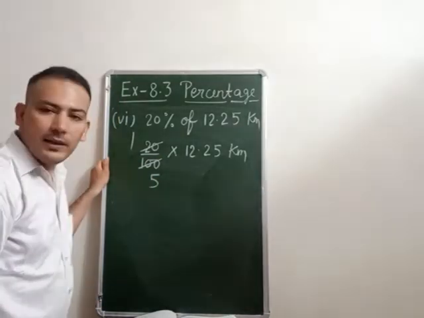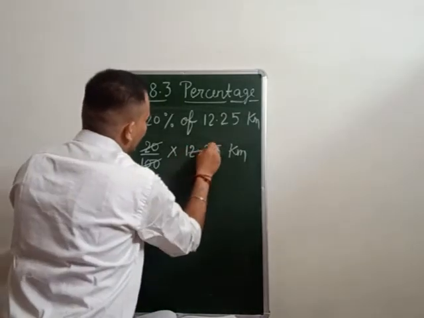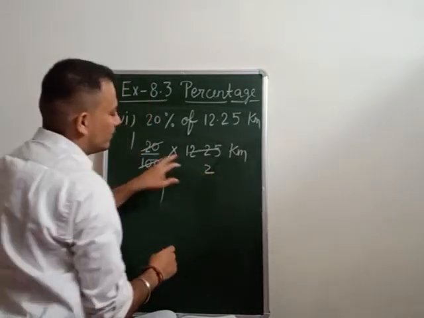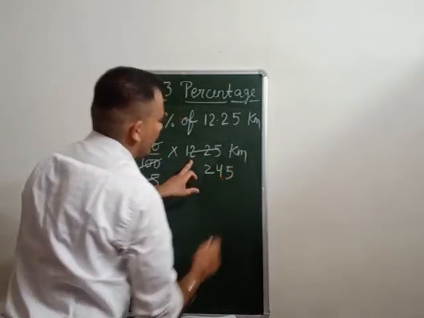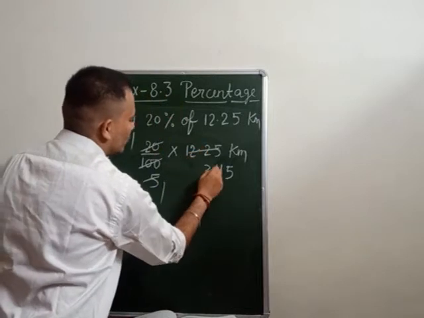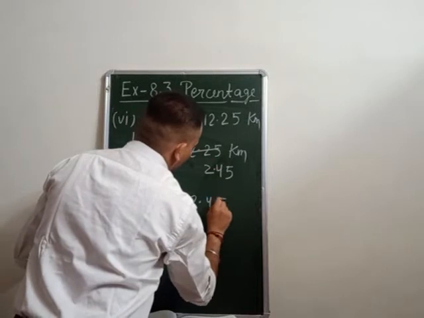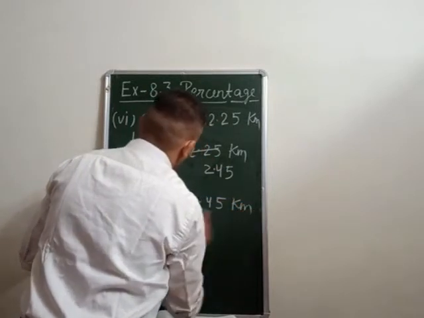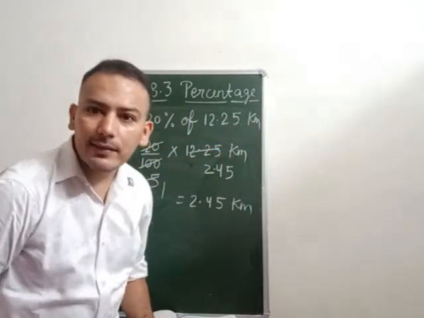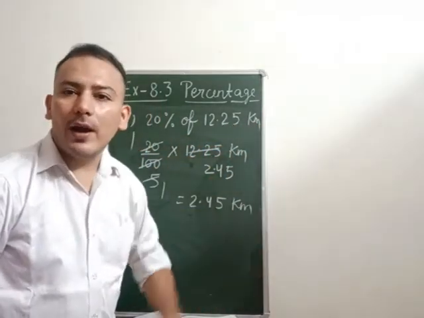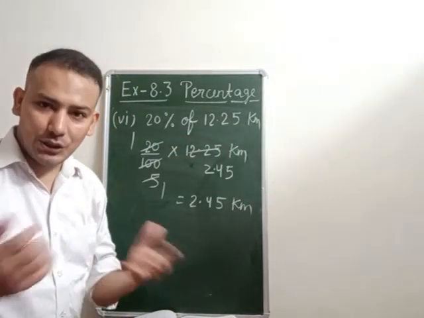We can divide further. 5 1s are 5, 5 2s are 10, 5 2s are 10, 5 4s are 20, and 5 5s are 25. And the point is also here, so the point will come here. So what is our answer? 2.45 kilometer. So 20% of 12.25 kilometer is 2.45 kilometer. Understand what I want to teach you?